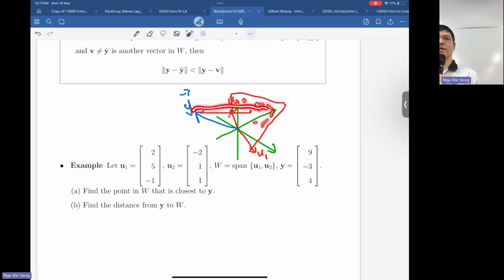So how to find the closest one, based on what we have discussed? You need to project orthogonally. You do need to find an orthogonal projection.